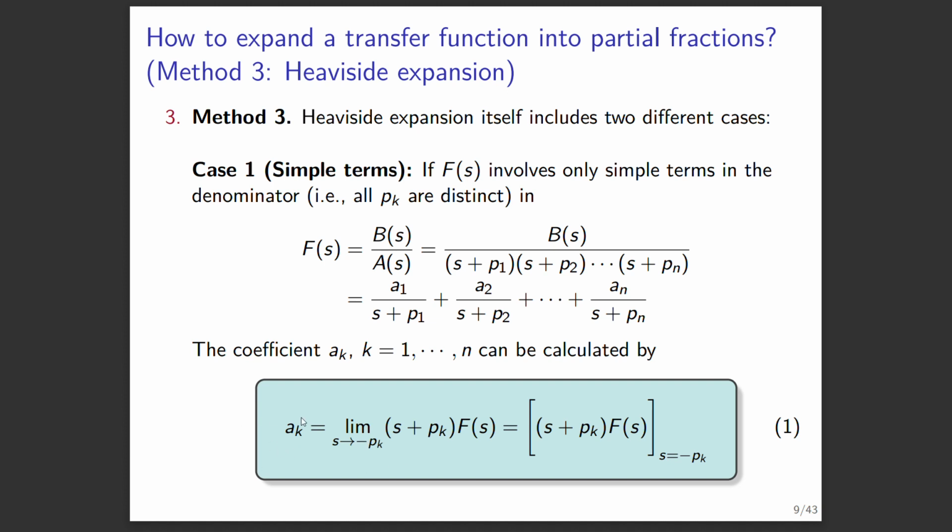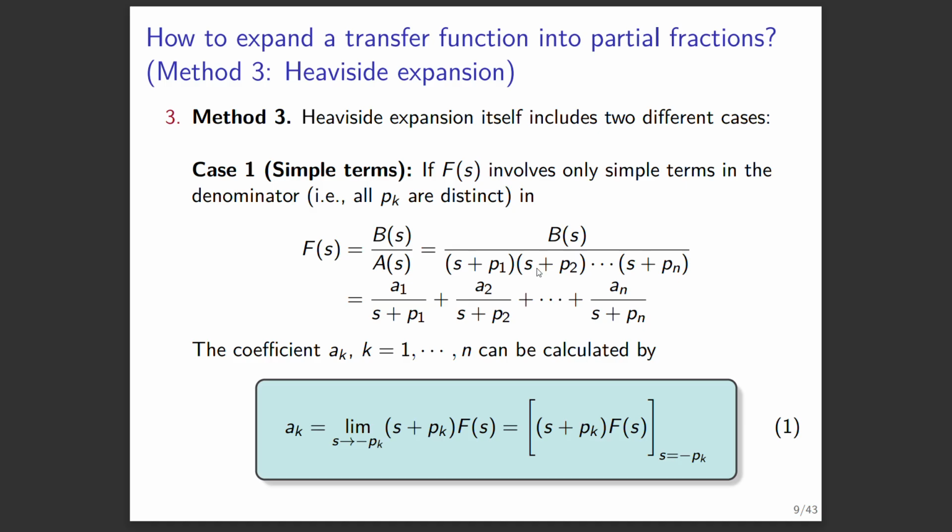What it's saying is simple. It says if you want to find ak, so one of these numerators, multiply f of s by s plus pk. ak is the numerator of the fraction with s plus pk in the denominator. So if you want to find a term like a2, look at f of s and multiply it by s plus p2.